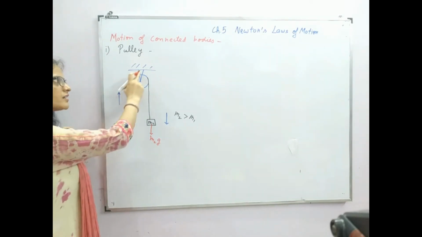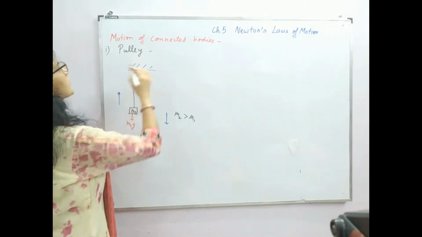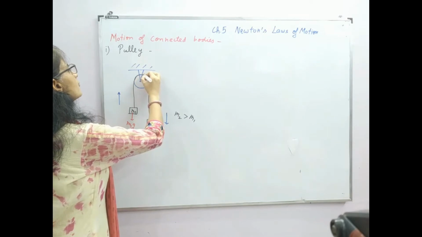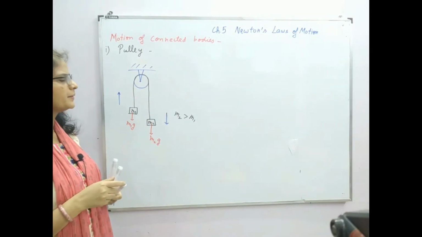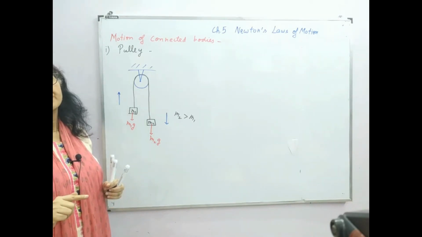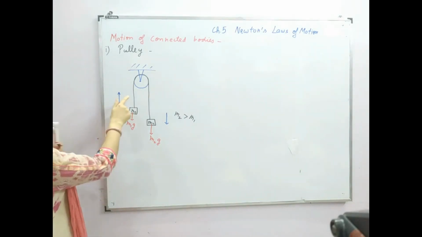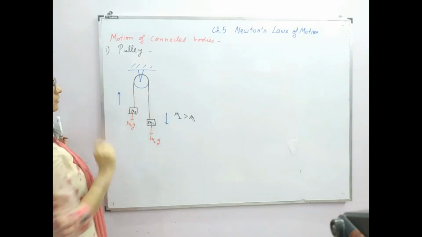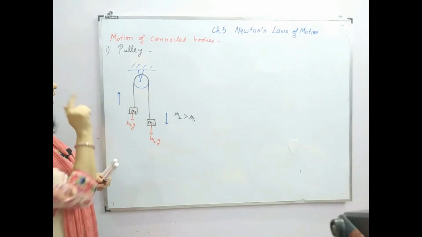Now we have the same string which is passing over the pulley. In the video on tension, we have studied that the tension in the same string will be the same at every point. So if we are marking the tensions in this part of the string and in this part of the string, it will be the same.